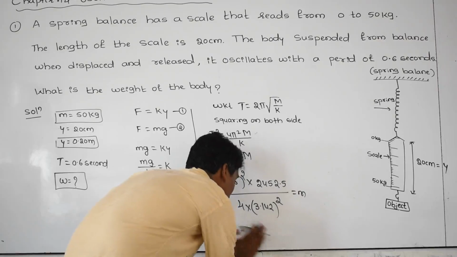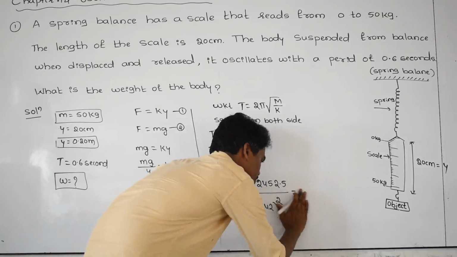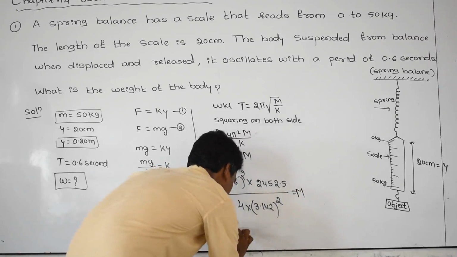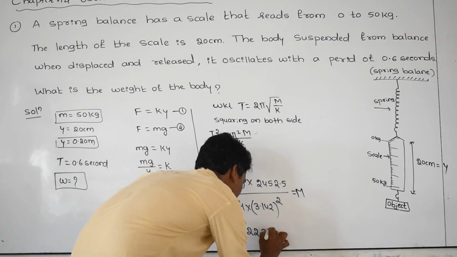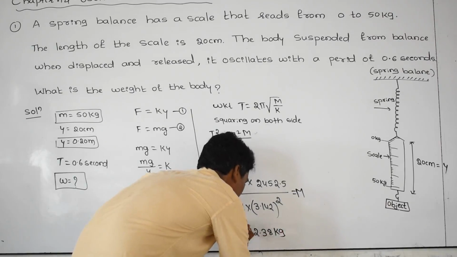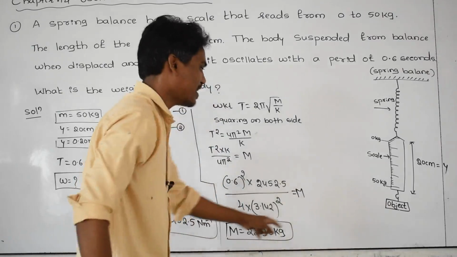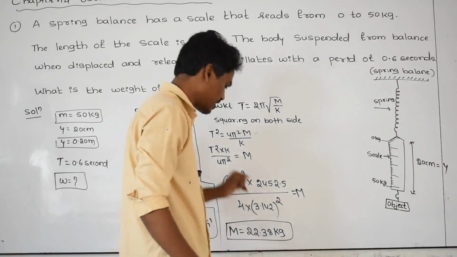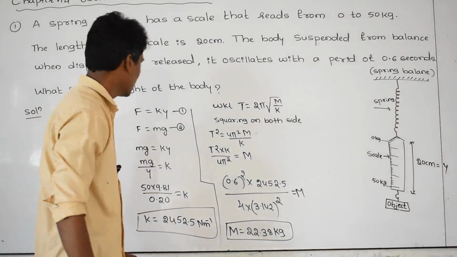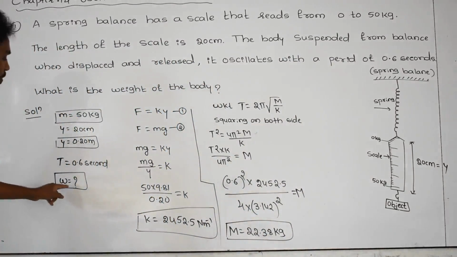Capital M becomes 22.38 kg. Now we got the mass of this object. Then what do you need to find out? The weight of the object.